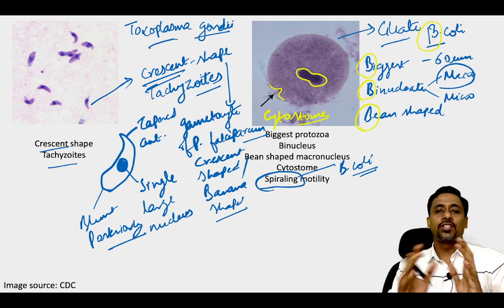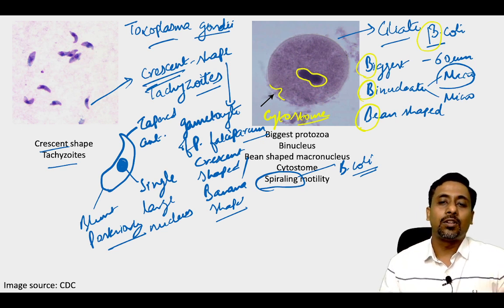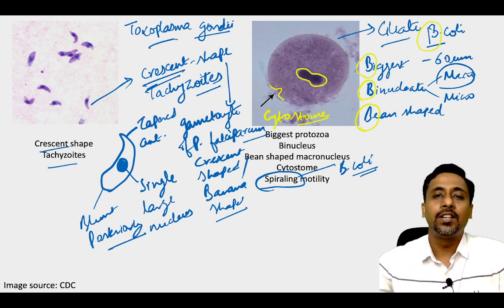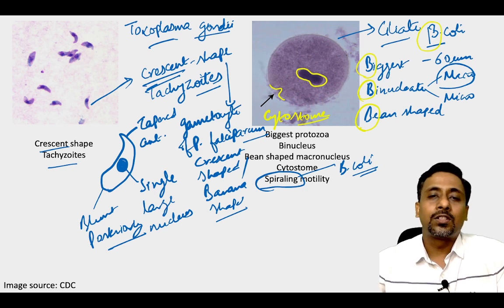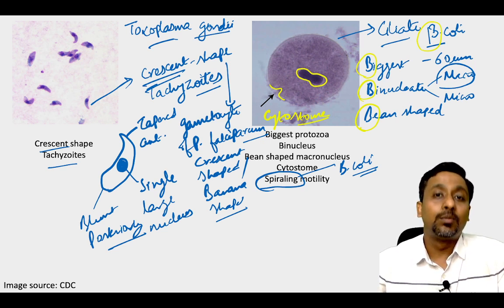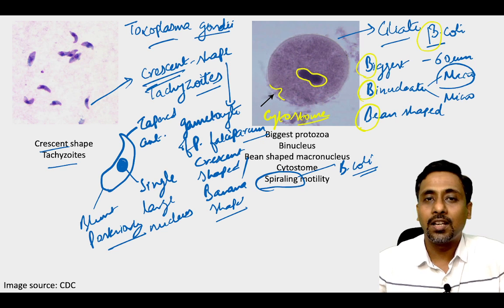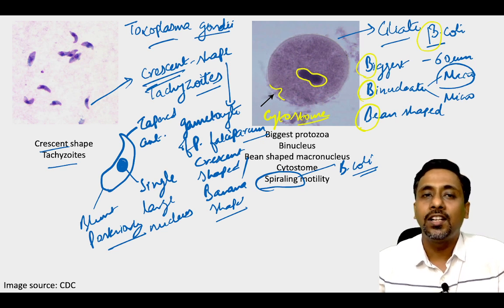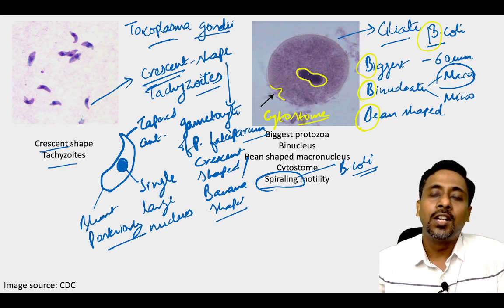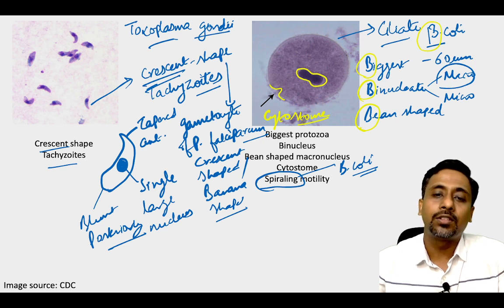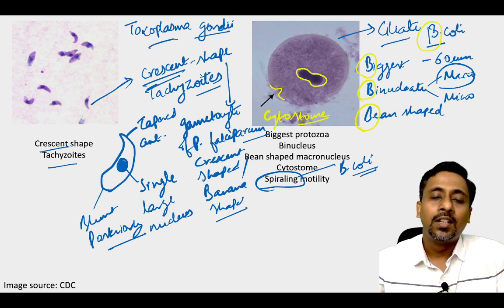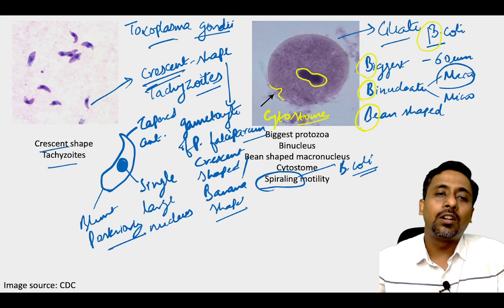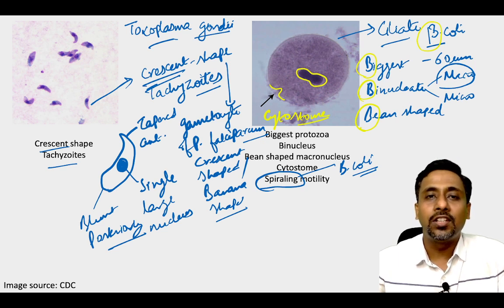So just a quick recap of whatever I taught you in this video. First of all, let's see the motility. In Giardia we saw falling leaf motility, in Trichomonas vaginalis we saw twitching motility, and in Balantidium coli we saw spiraling motility.